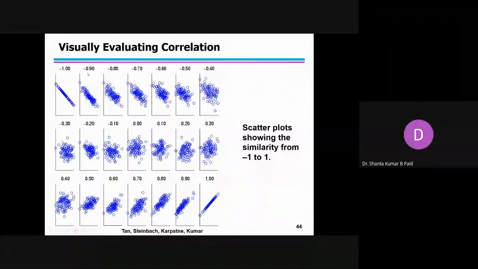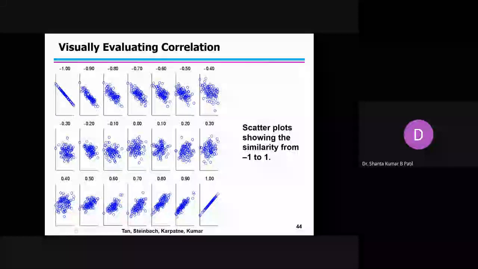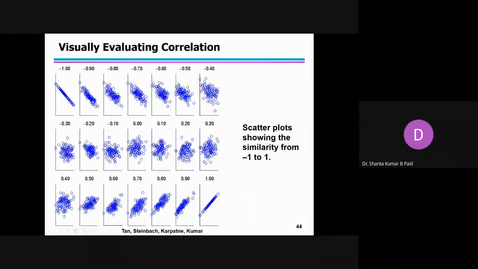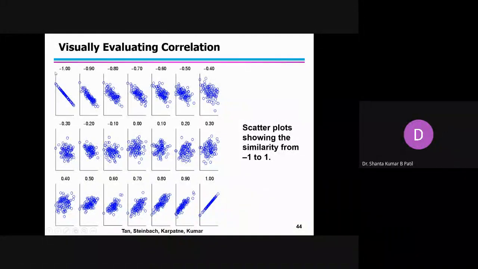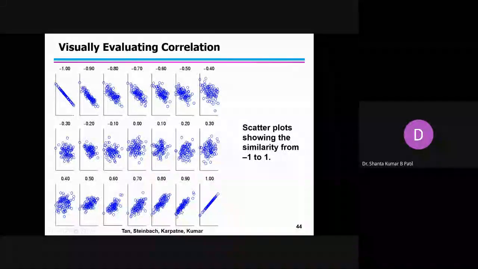See, if it is -0.90, it is nearly coming to -1. This is blurry, whereas this is almost -0.90, almost equal to -1. That's why it is nearly coming to this graph. 0.8, again slowly it is decreasing. -0.8 is less than -1.